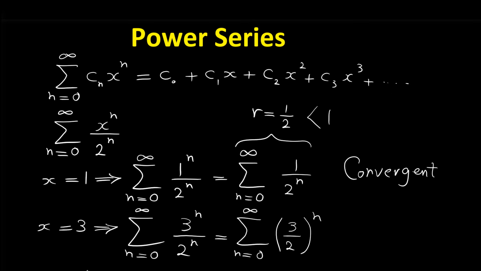This is again a geometric series with the ratio 3 over 2. Because the ratio of this geometric series is greater than 1, this geometric series is divergent.